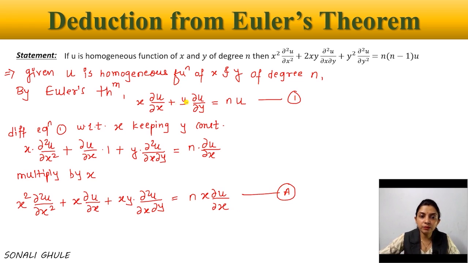Similarly, I have to differentiate now this equation 1 with respect to y to get this double derivative of u with respect to y. So now this time differentiate equation 1 with respect to y keeping x constant.